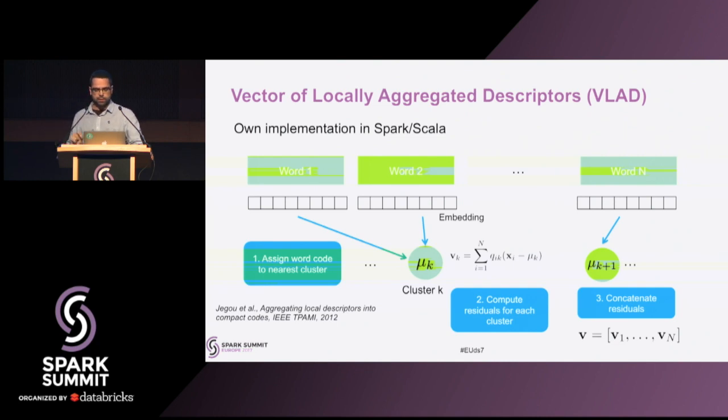Then for all the words, you accumulate the residuals with respect to the closest clusters, and then you concatenate the residuals. As you can see, this is quite simple to do in Spark with map and reduce and so on. It has been shown empirically, and also with theoretical arguments, and I've put a reference here, that this way to pool vectors is very effective and yields a very good final vector that you can then send to your downstream classification process.